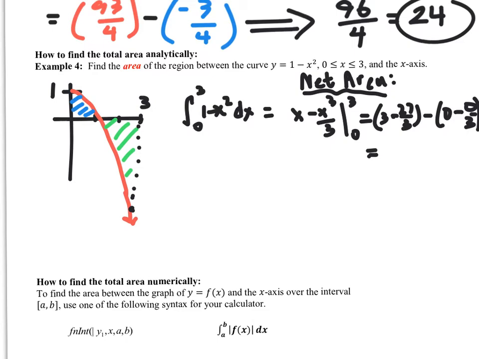So this becomes 0. So I get 3 minus 9, which is negative 6. I don't want that in blue, I want it in black. Okay, so the net area is negative 6. Okay, so that's the net area.